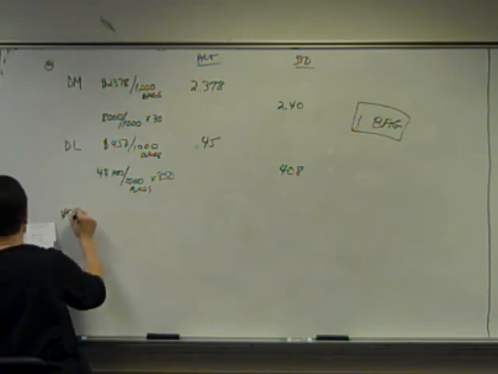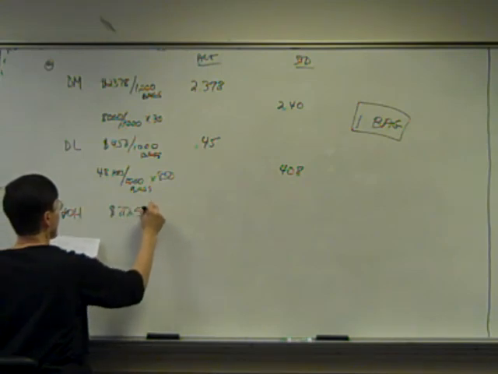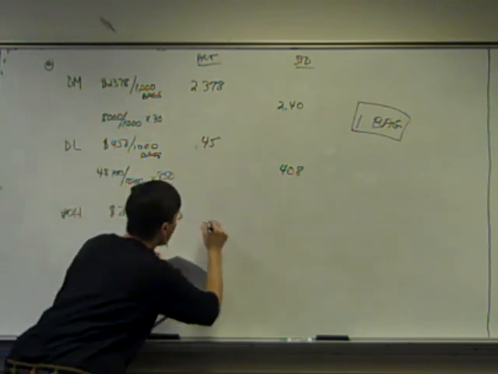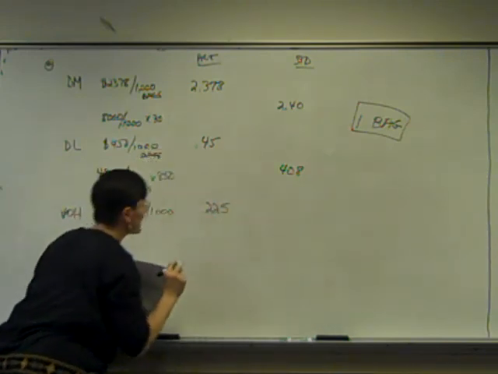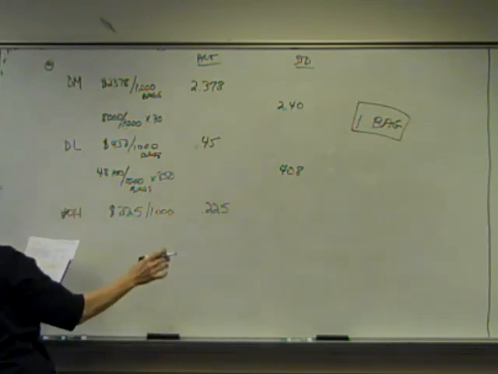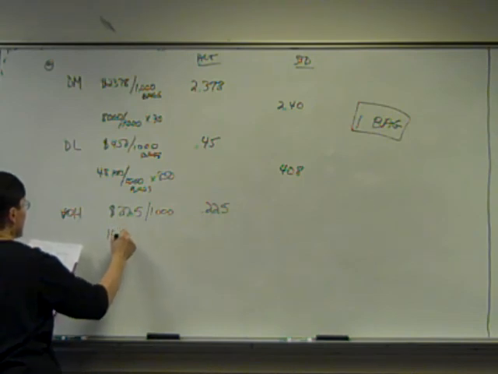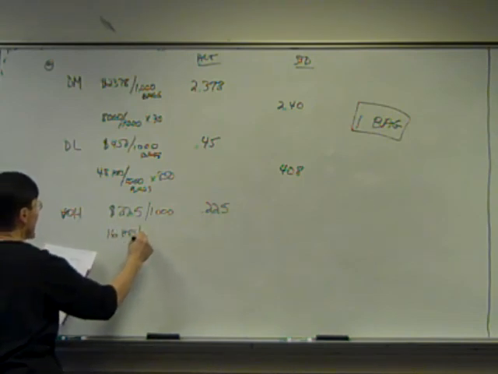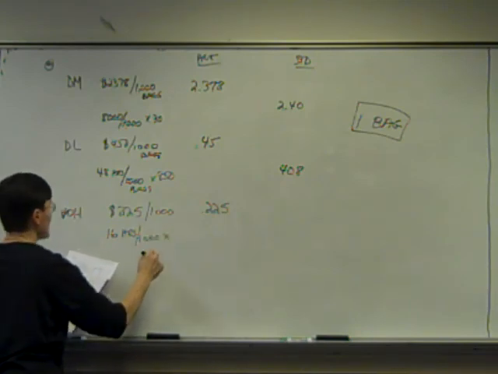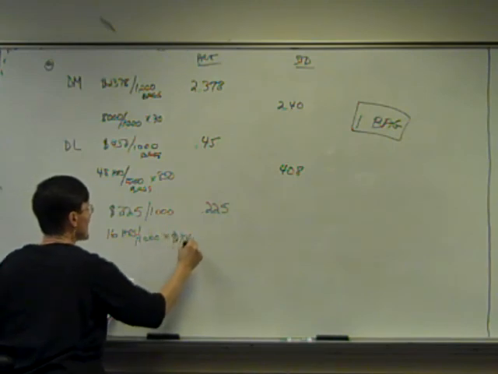For variable overhead, we spent $225 for the 1,000 bags, so we actually spent 22.5 cents. And for the standard, we are allowed to spend, based on hours, 16 hours per the 1,000 bags, and our predetermined overhead rate, these are machine hours, is $10 per machine hour.